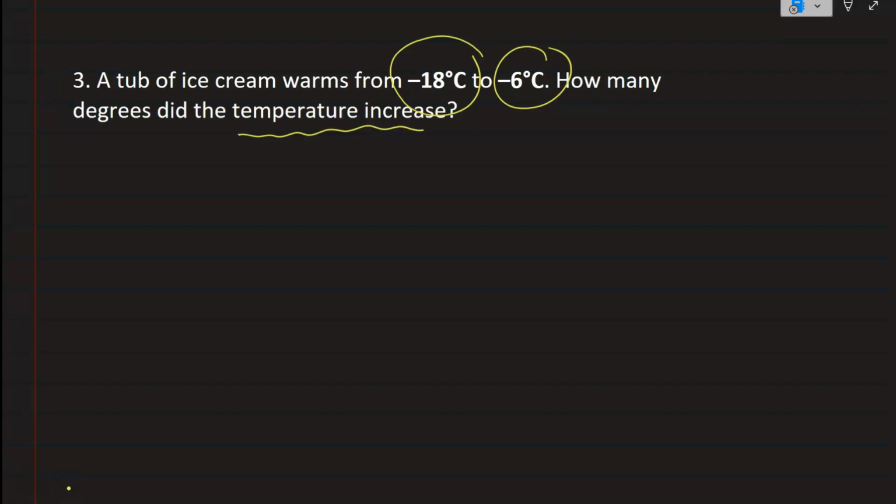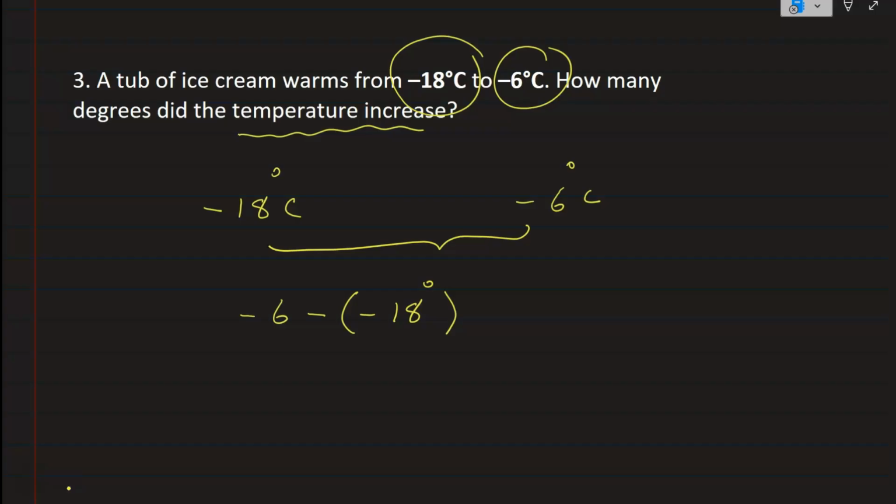The difference between negative 18 and negative 6, this is the difference that you have to figure out. To do that, you just have to remember that you start with negative 6, and then you subtract away the negative 18. The difference will be negative 6 plus 18, which is 12 degrees Celsius. That is the temperature increase.